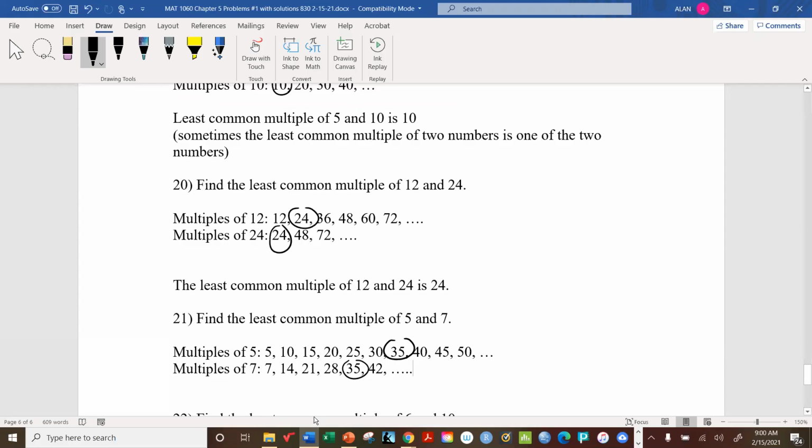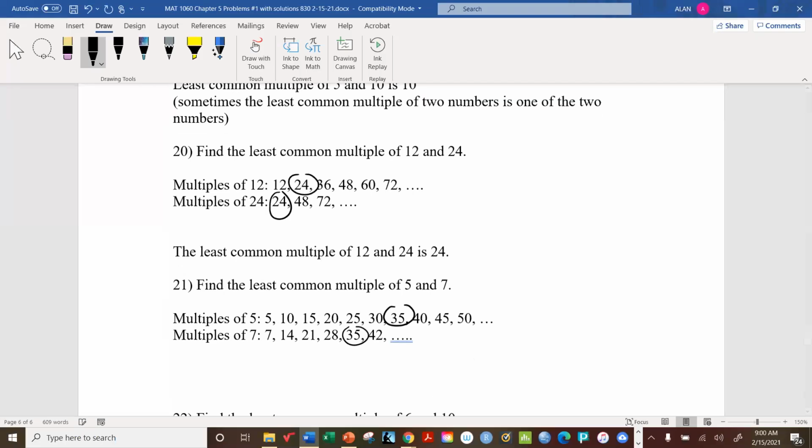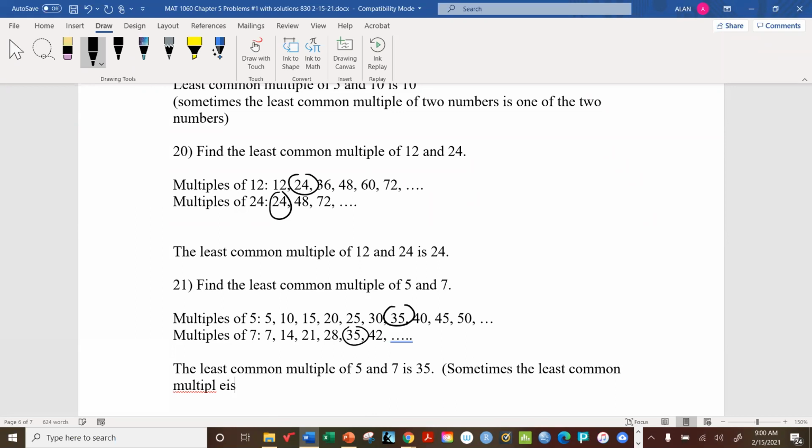So the least common multiple of 7 and 5 is 35. And a note in parentheses here, sometimes the least common multiple is the product of the two numbers. And that's what happened here. It does happen. It's not that unusual. It depends on the numbers.